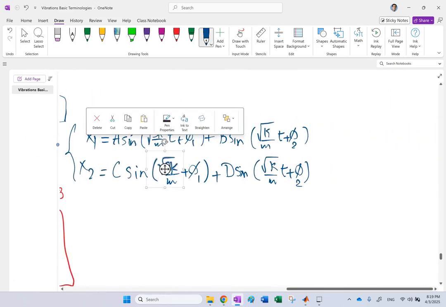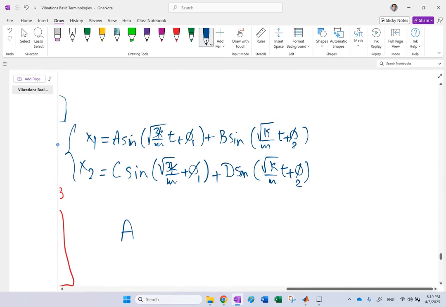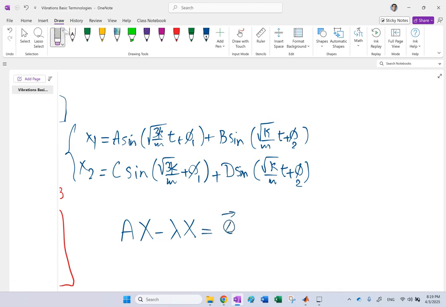So again, remember A times X equals lambda times X, or if you want, you can bring both of them to one side and set it to 0, so you can write it like this if you want. Or you can write it as A minus lambda I, the whole thing, times X equals 0. That's another way you can write it.